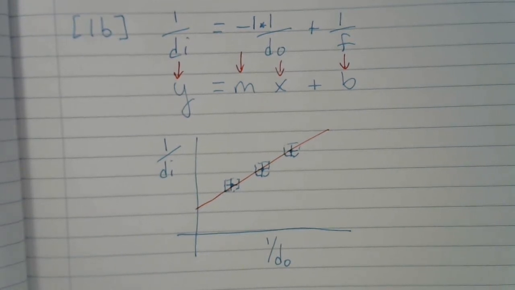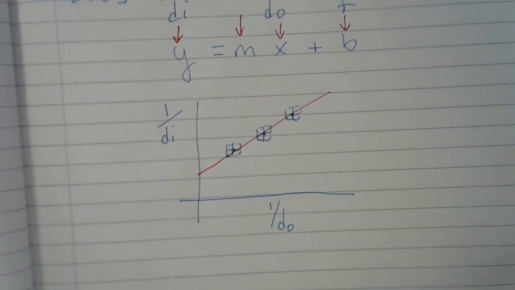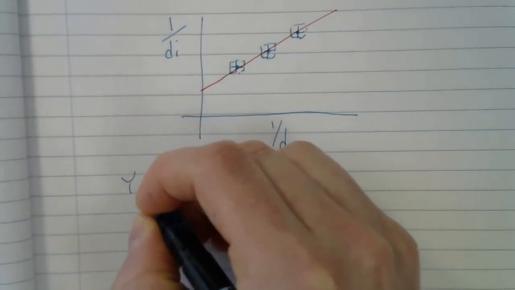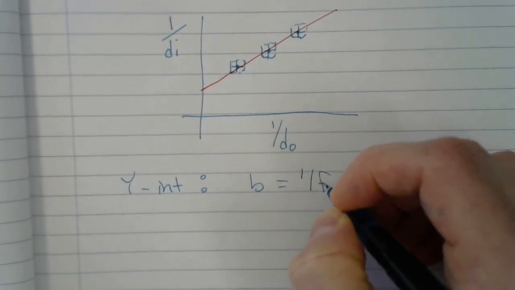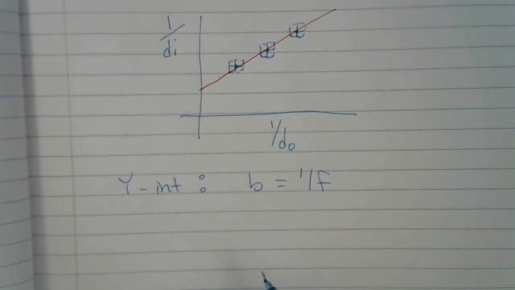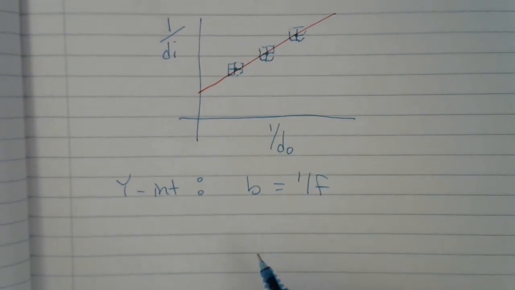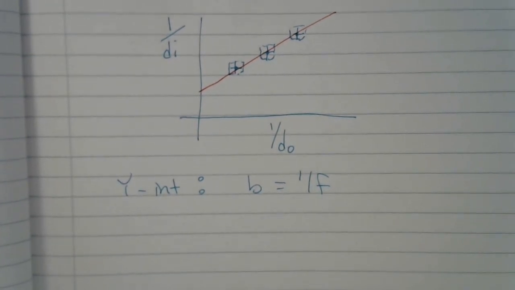And then finally, although we aren't able to make a comparison with the predicted value for the focal length, you're still able to calculate an experimental focal length because we have our prediction for the y-intercept. So the y-intercept should be equal to 1 over the focal length. And again, from your line graph, you will get a value for b, the y-intercept, as well as its uncertainty.